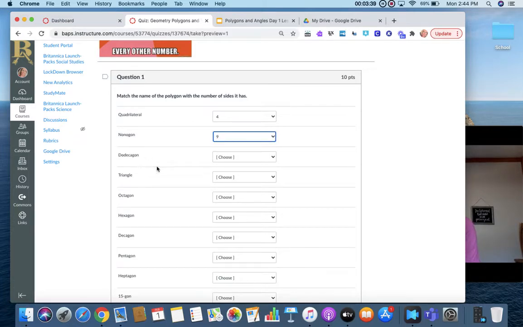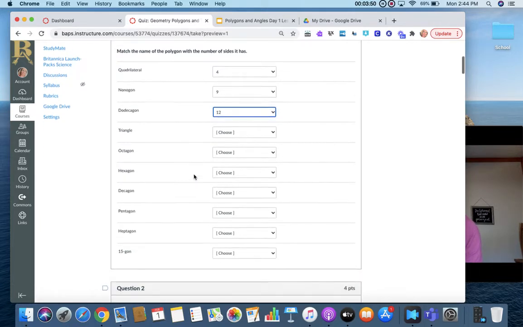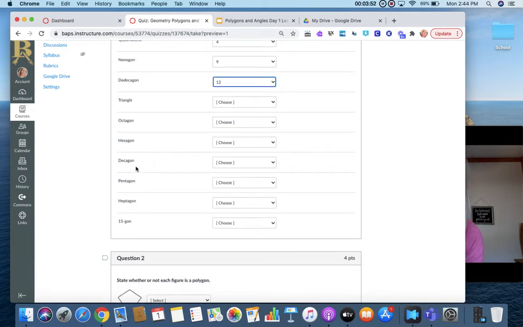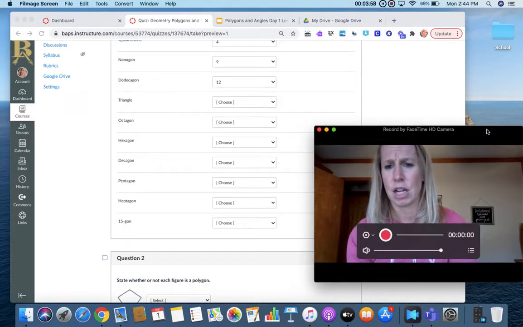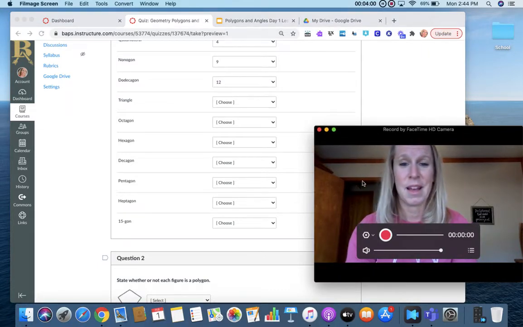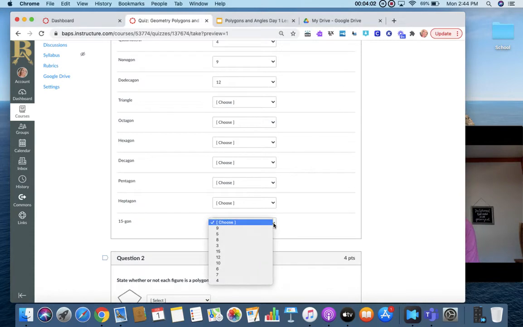Dodecagon, do you remember that? Do is 2, decagon is 10, 2 plus 10 is 12. A triangle, you better know how many sides a triangle has. And then there's octagon, hexagon, pentagon. Make sure you know all these. What about a 15gon? How many sides would a 15gon have? I hope you said 15. 15 sides for a 15gon.